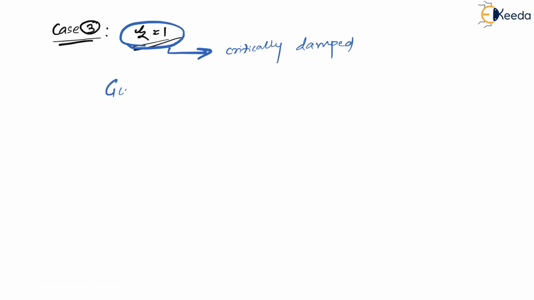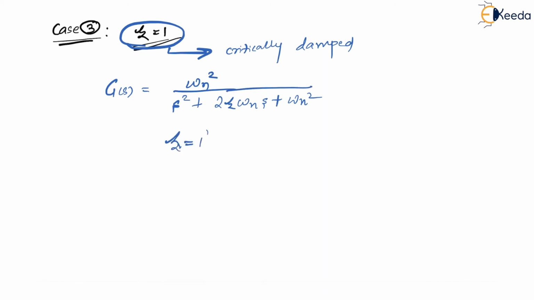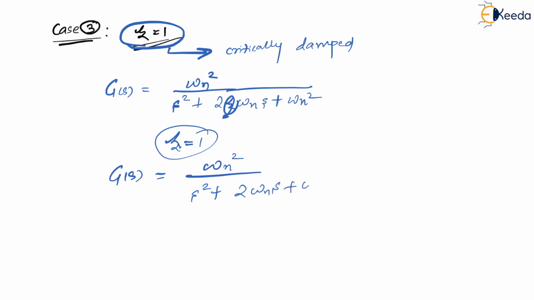Now, let us see our transfer function. What was our overall transfer function G of s? It was nothing but omega n squared upon s squared plus 2 zeta omega n s plus omega n squared, correct? Now, what happens if I put zeta equal to 1? Just put that, you get G of s to be equal to omega n squared upon s squared plus 2 omega n s plus omega n squared.